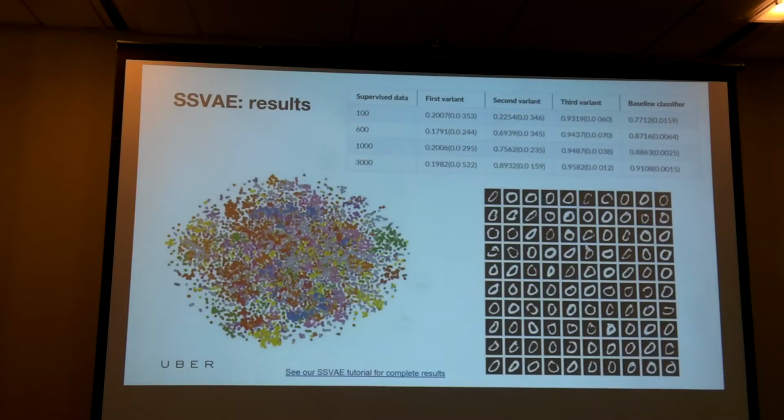And here, if we clamp y to be a particular value, in this case 0, and we sample forward from the model, we see that it's learned to generate good images. These all look like zeros, and they seem to be sharper, more well defined than the ones that we had before. There are also some quantitative results here, which are effectively the final numbers from the accuracy plots that I showed you.